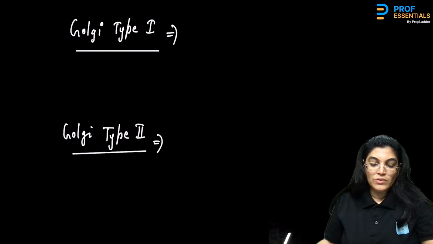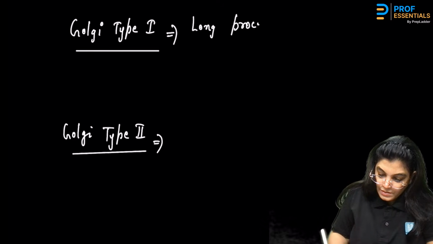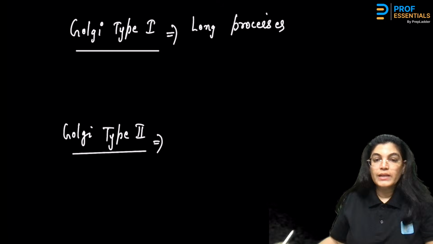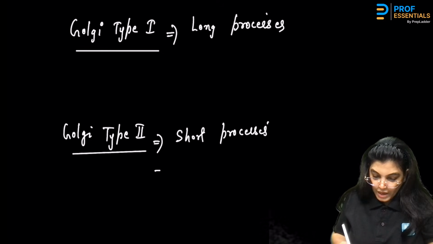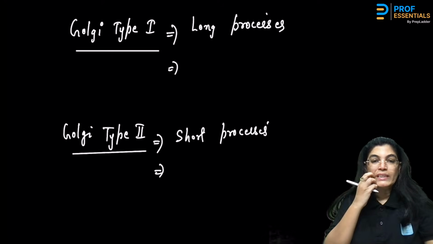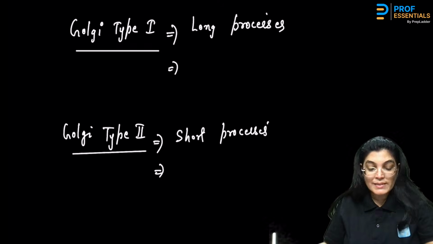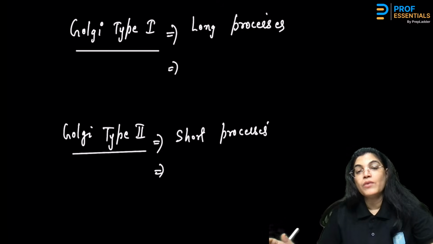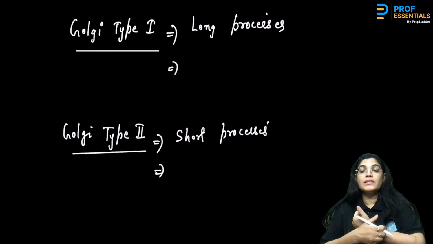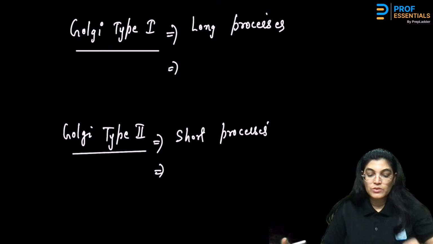Now, if I am talking about the type 1 variety, it has long processes like axons. The important examples of the Golgi type 1 variety are the pyramidal cells of the cerebral cortex and the Purkinje cells present in the cerebellar cortex.